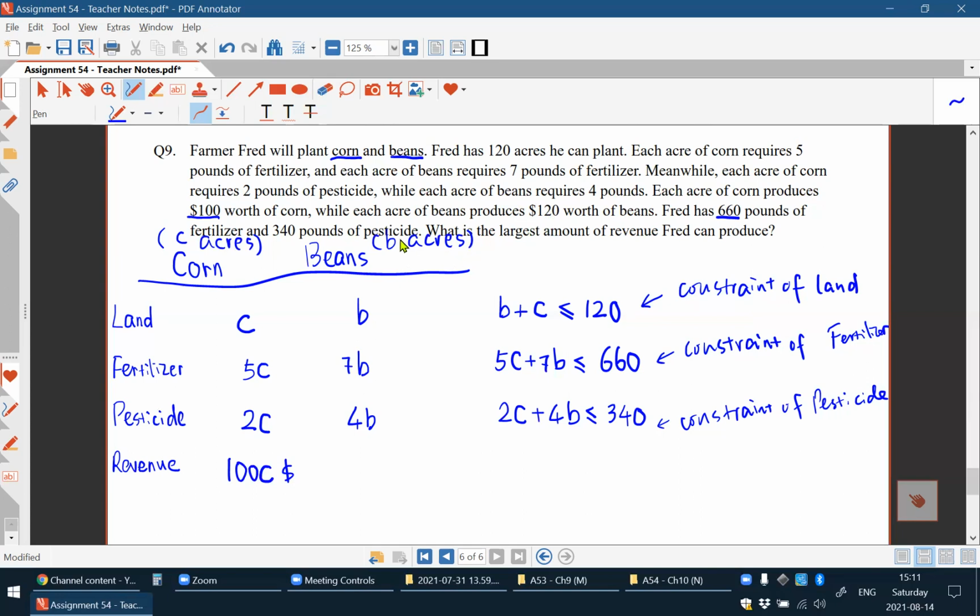So we have B acres, and the total revenue from beans would be 120 times B dollars, right? So the total revenue is 100C plus 120B. This is our total revenue, and this is our target. We need to maximize the revenue, right?